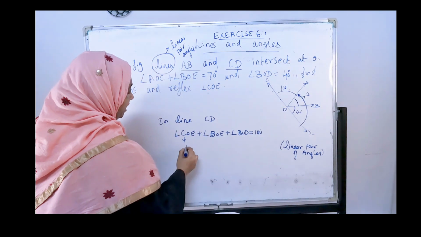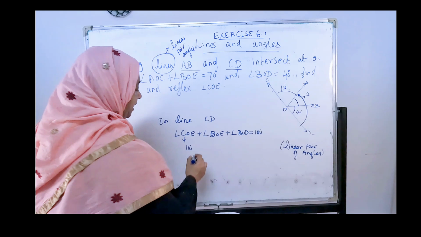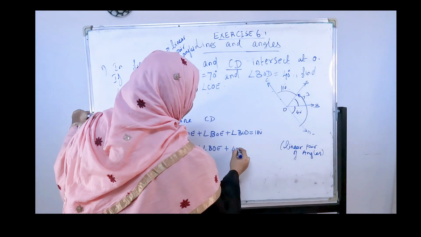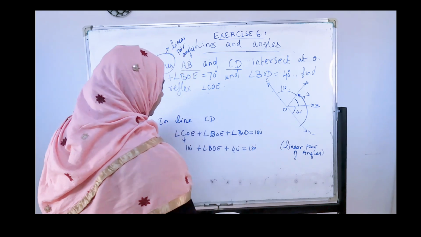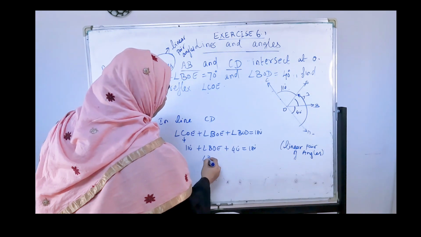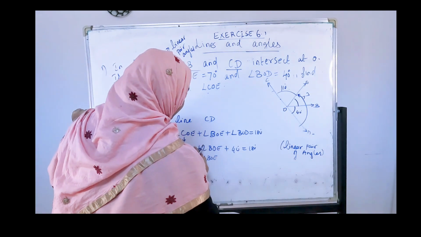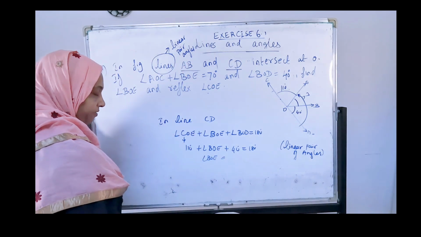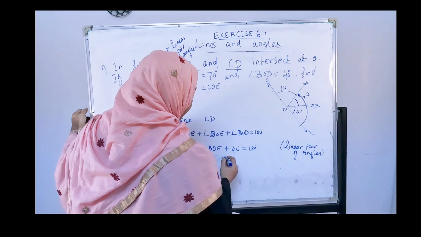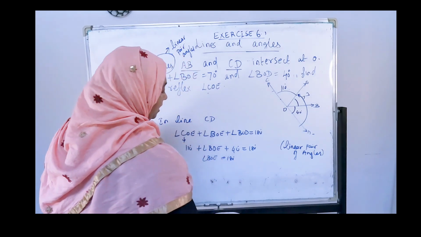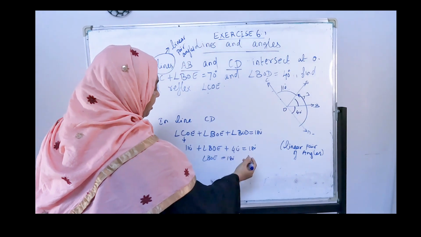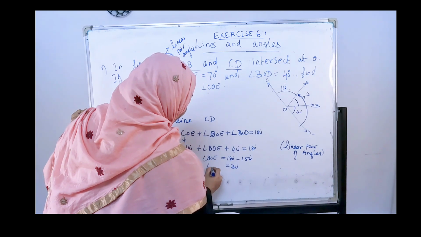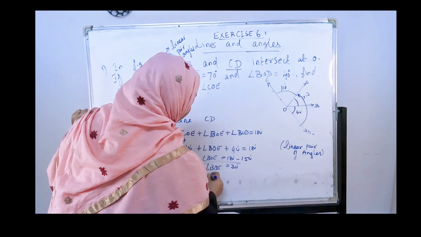I know angle COE is 110 degrees, and angle BOD is 40 degrees. Adding these gives 150, so angle BOE plus 150 degrees equals 180 degrees. Bring the 150 degrees to the opposite side of the equals, and plus 150 becomes minus 150. It is 30 degrees. So angle BOE is 30 degrees.